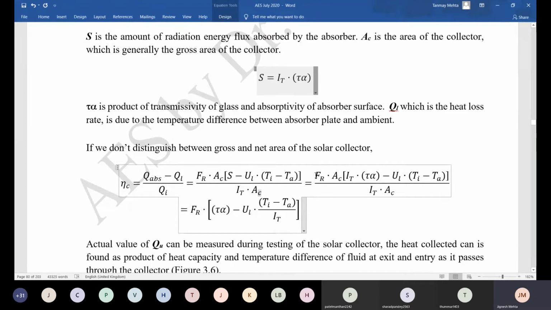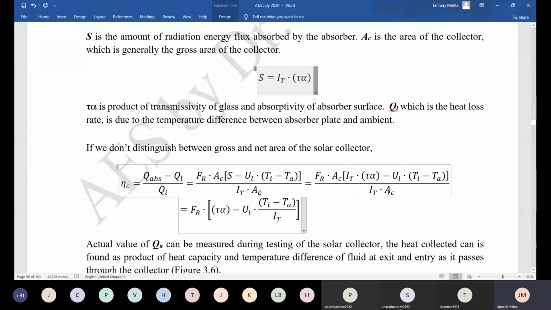Now what we are doing is, this S is nothing but IT into tau into alpha. Okay, so that is shown here. Now this FR is common to all. This AC gets cancelled, right? Because it's there in the numerator as well as the denominator. If your gross area is almost equal to the aperture area, this can be done.